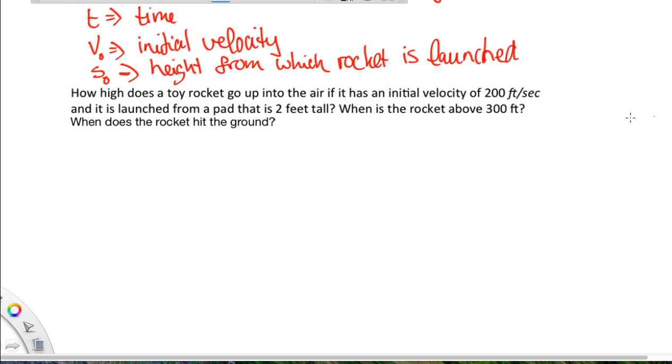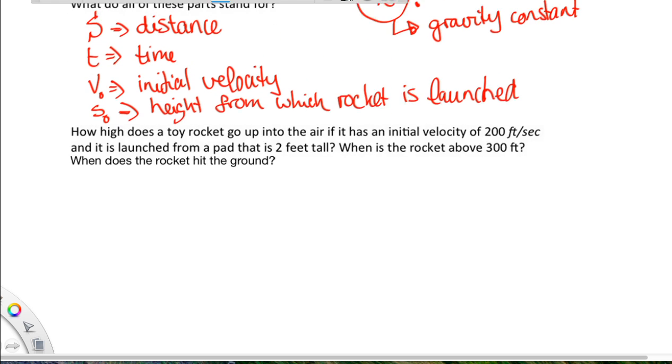Alright, so how high does a toy rocket go up into the air if it has an initial velocity of 200 feet per second and it's launched from a pad that is 2 feet tall? So let's see.